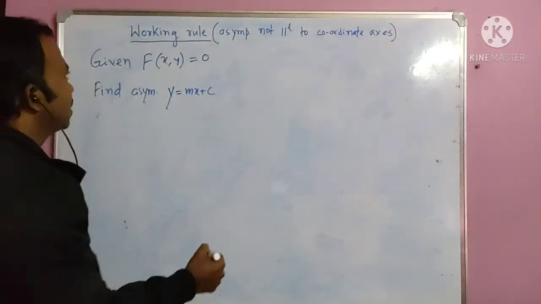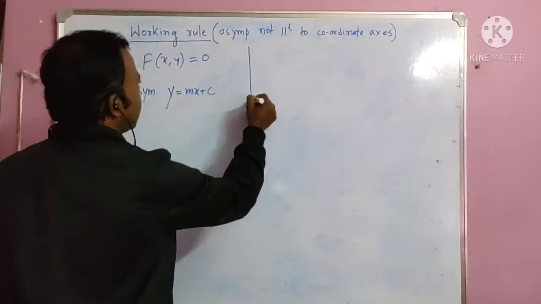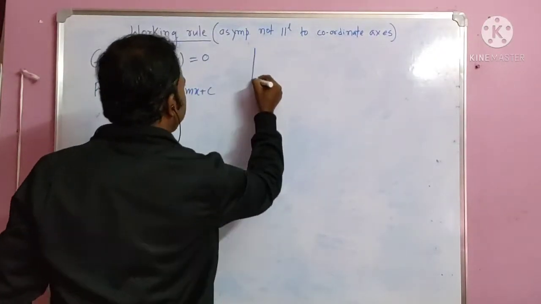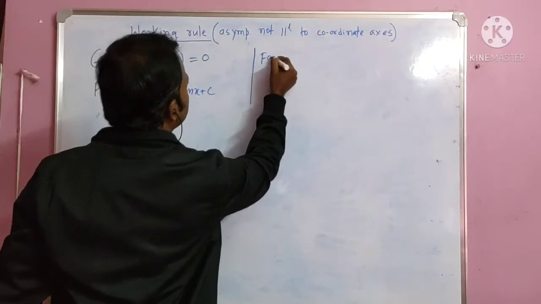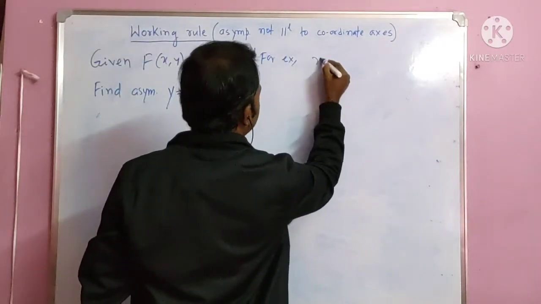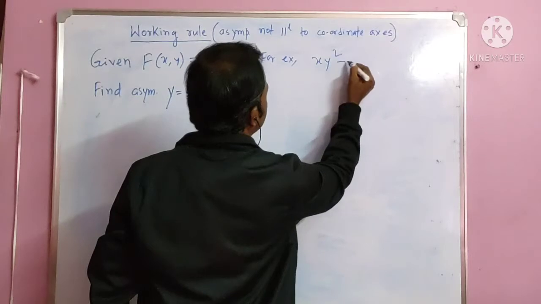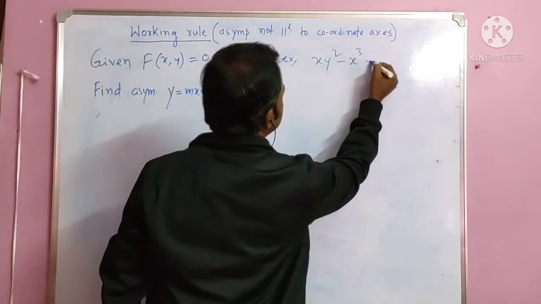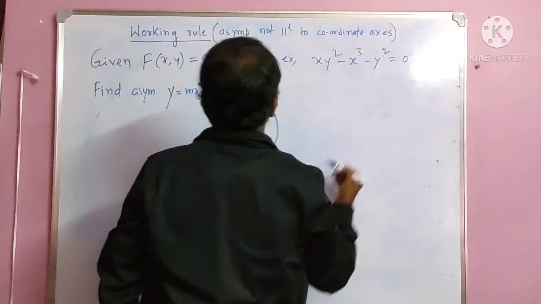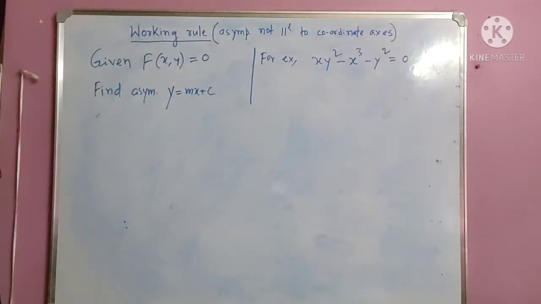For better understanding, I am writing a particular f of x y. For example, x y square minus x cube minus y square equals 0. This is our f of x y. So what are the working rules?